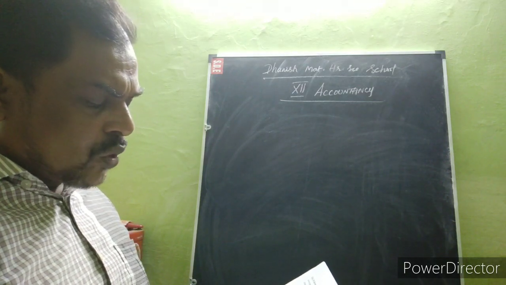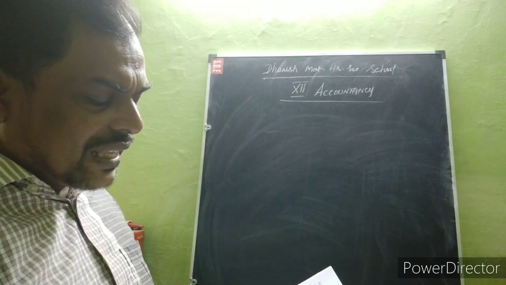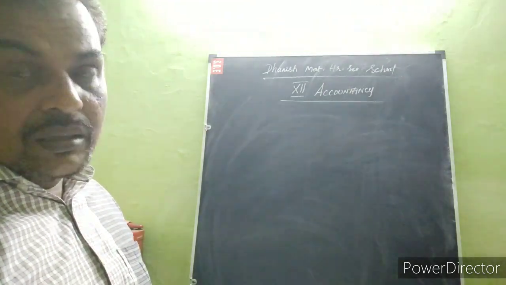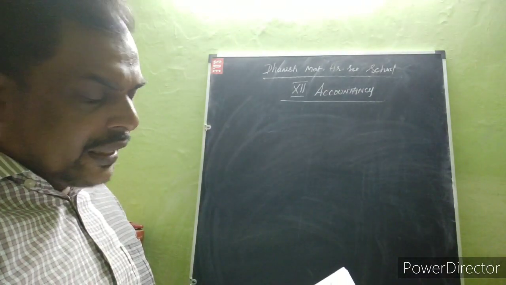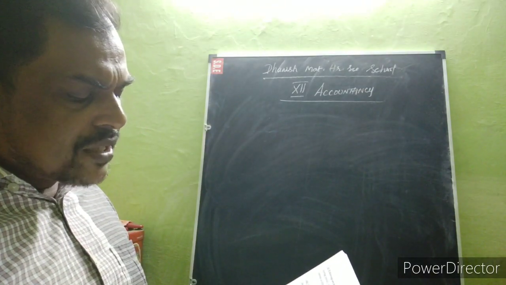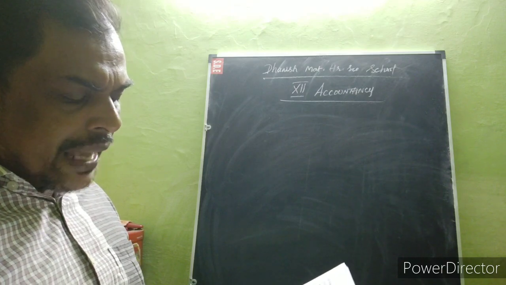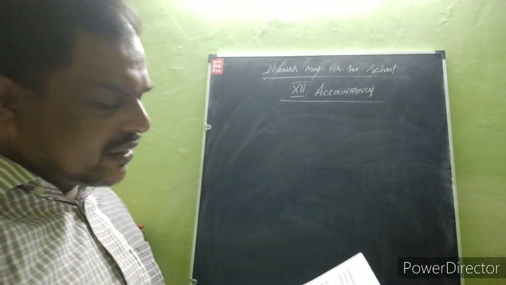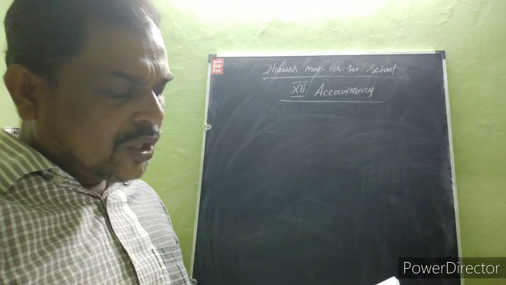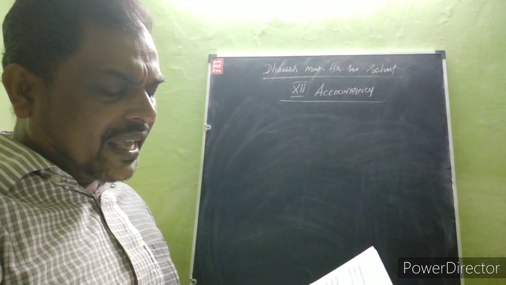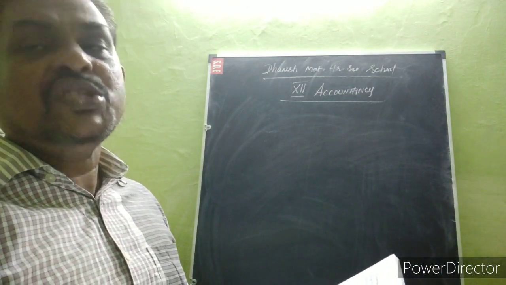Priya draws rupees 4,000 at the end of each quarter. Please see the words end of each quarter. And interest on drawings is chargeable at 6% per annum. Calculate interest on drawings for the year ending 31st December 2018 using the average period method. Okay, see here, 2 partners are there and Priya only is taking rupees 4,000 at the end of each quarter.